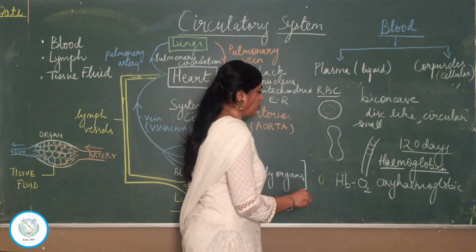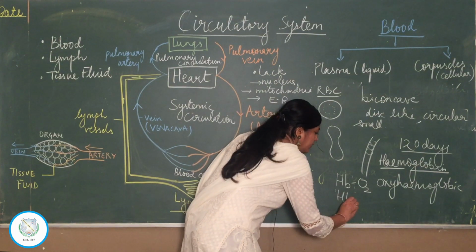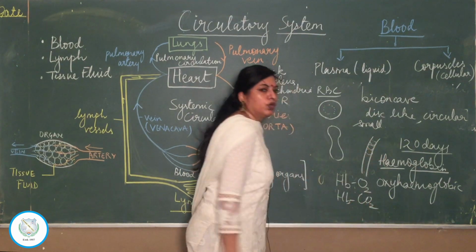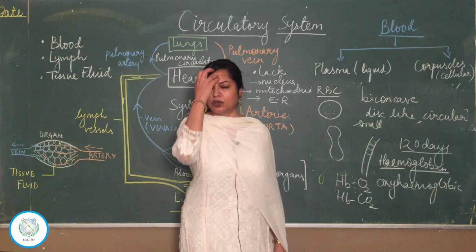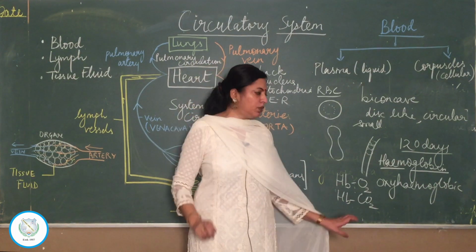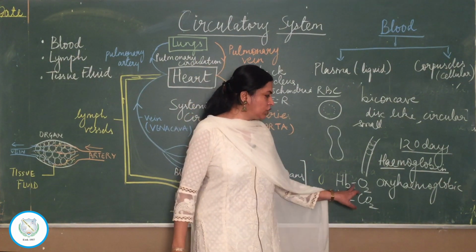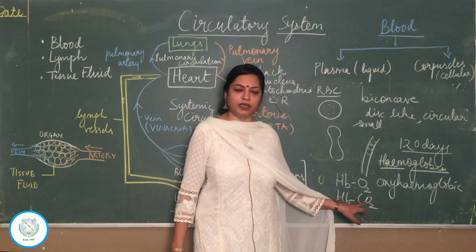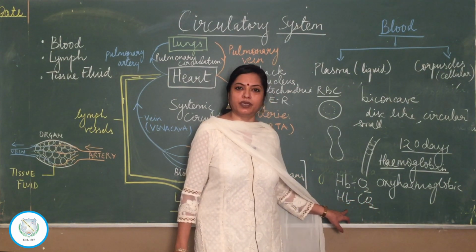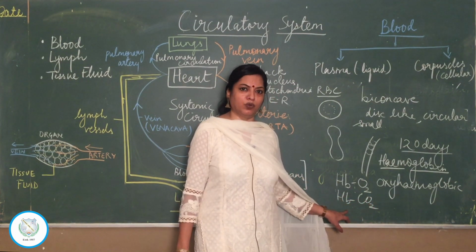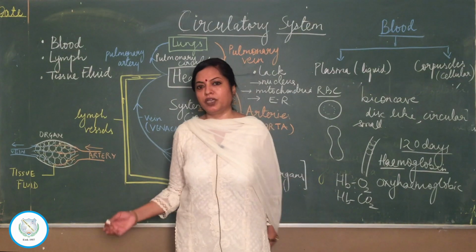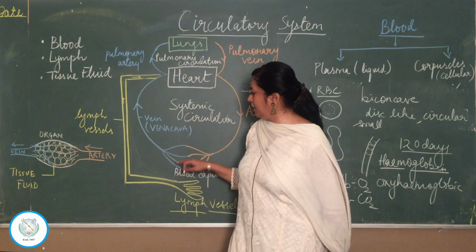Now this hemoglobin combines with carbon dioxide to form another compound called carbaminohemoglobin. So we have HbO2 as oxyhemoglobin and CO2 with hemoglobin as carbaminohemoglobin. Now this carbaminohemoglobin is also an unstable compound.